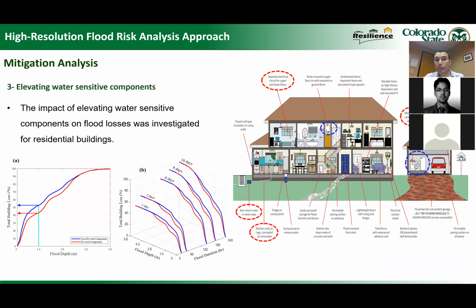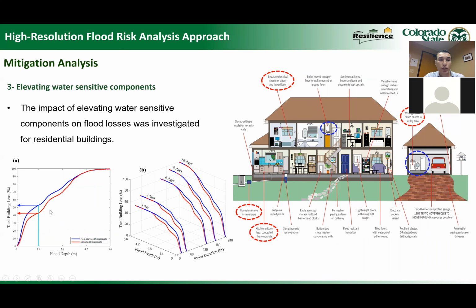So what if the building has a non-return valve and has the ductwork in the attic, not in the crawl space, and the household has their appliances elevated, such as dryer, washer, fridge, along with many other resilient construction materials.